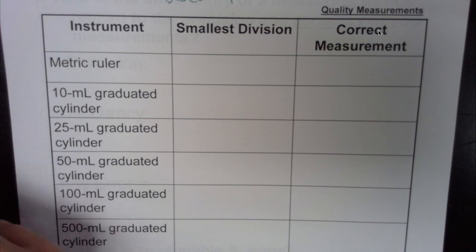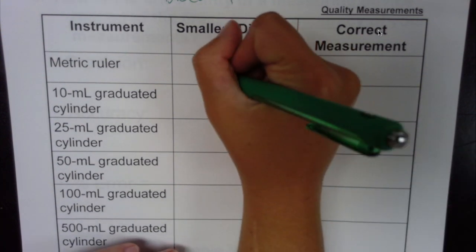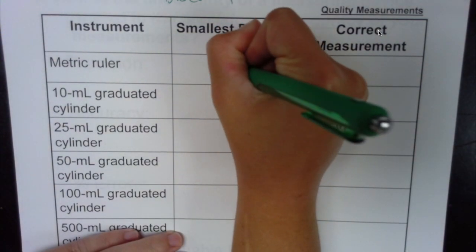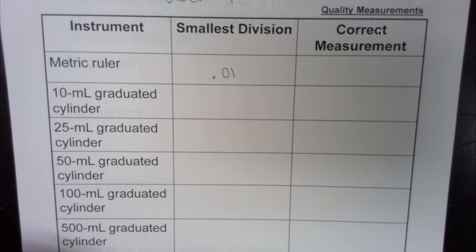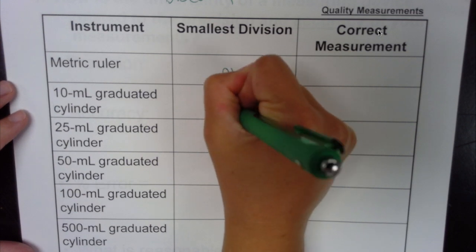When you are looking at the instrument that we're using, we want to figure out what the smallest division of measurement is on the ruler. So if we are using a metric ruler, the smallest division is 0.01. You can measure every millimeter. For a graduated cylinder, it's that 10th place.